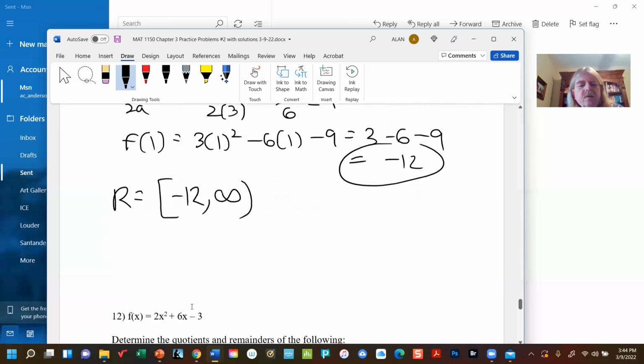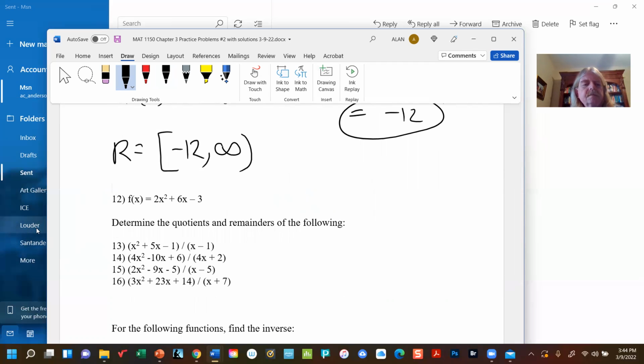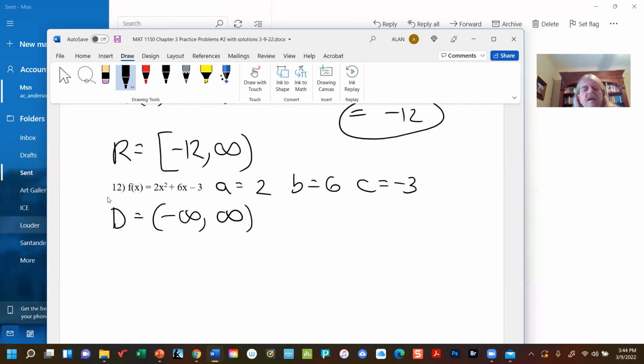All right, now there should be one more, and then we can do something different. A is 2, b is 6, c is -3. Once again, a is positive, so the range is this.